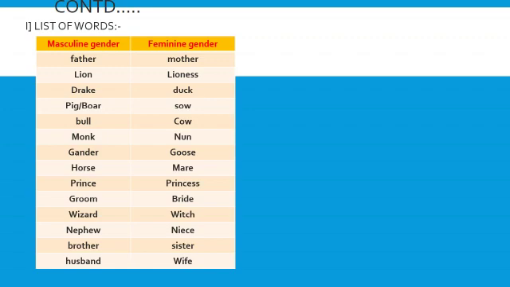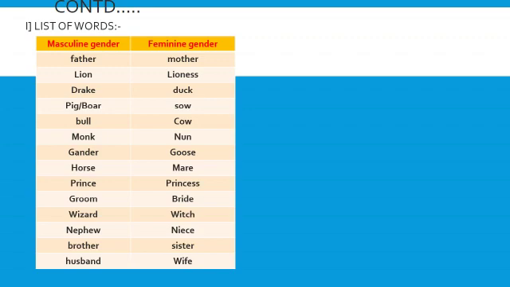Then you have monk, and the female is the nun. Then you have gander, and the feminine gender is goose. Horse, mare. Prince, princess. Groom, bride.